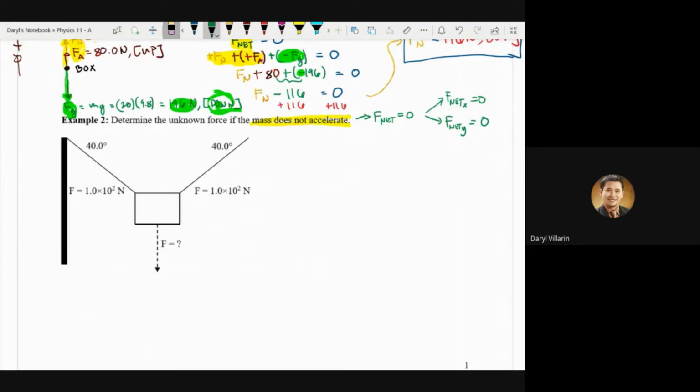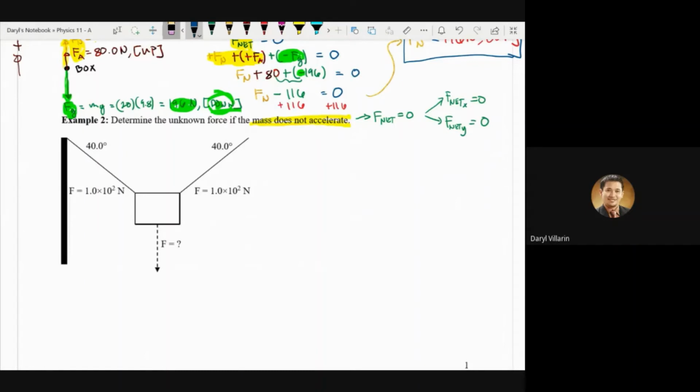As well as if I take all the vertical forces, or along Y, the sum will give me 0. So looking at our drawing here, I can just draw my free body diagram in this case.